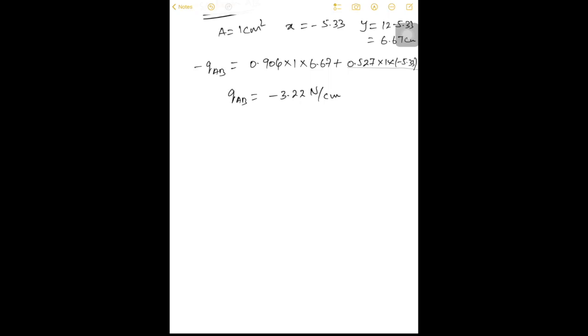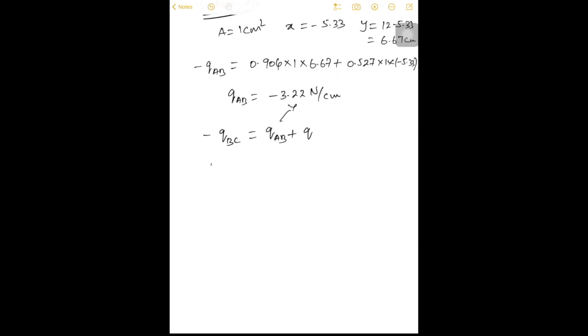Similarly, for QBC, minus QBC equal to QAB plus Q. We already calculated the QAB value. So now we have to calculate the Q for section BC.